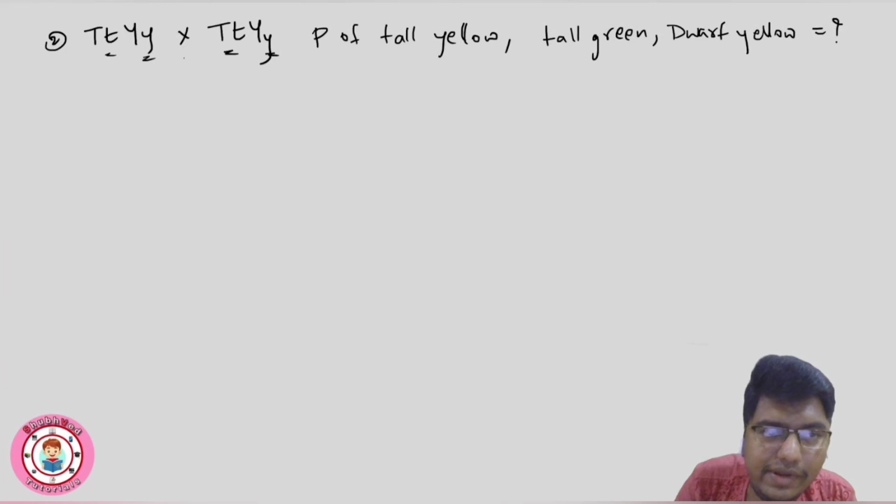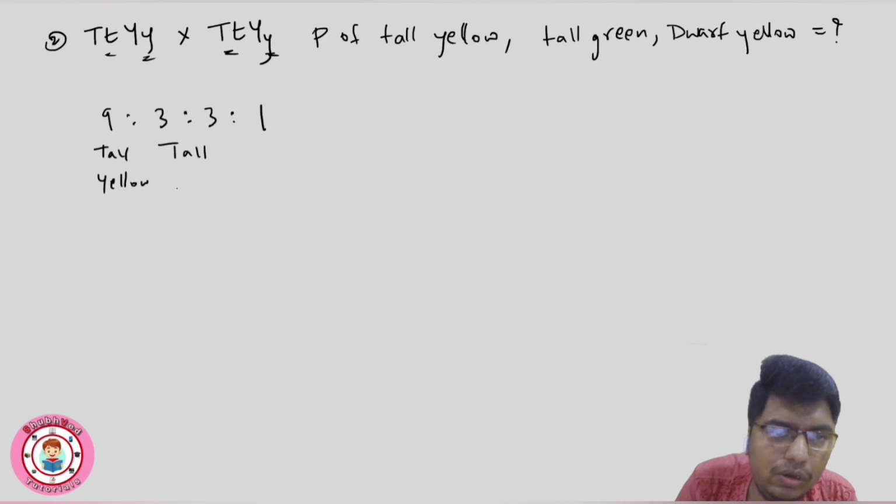Now, as we know, this is a dihybrid cross. Then what is the ratio of dihybrid cross? 9 is to 3 is to 3 is to 1. Okay? So these 9 are tall yellow, 3 are tall green, right? Then dwarf yellow, and then dwarf green, right?